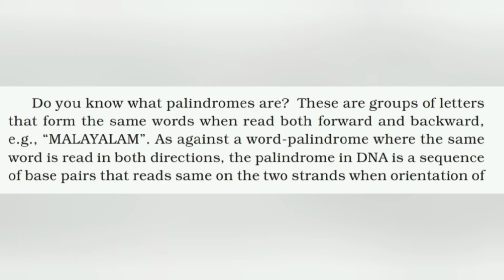Do you know what are palindromes? These are the groups of letters that form the same words when read both forward and backward. Example, Malayalam. If we read it forward, Malayalam, and if we read it backward, again Malayalam, the same word is formed, as against a word palindrome where the same word is read in both directions.